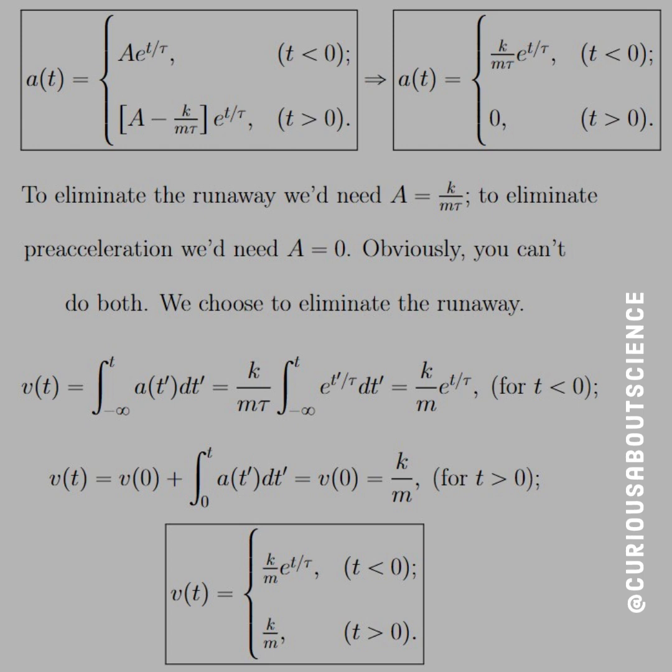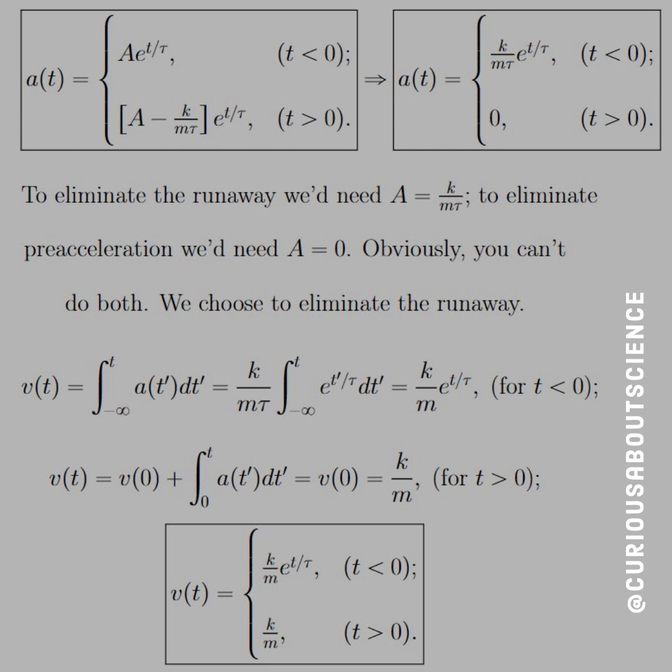Okay, clearly we cannot have both. So once we eliminate that, then we can solve for v by taking the integral again. We do that from negative infinity to t of a of t prime dt prime. We just can't have the same variable in the limit and the integrand.